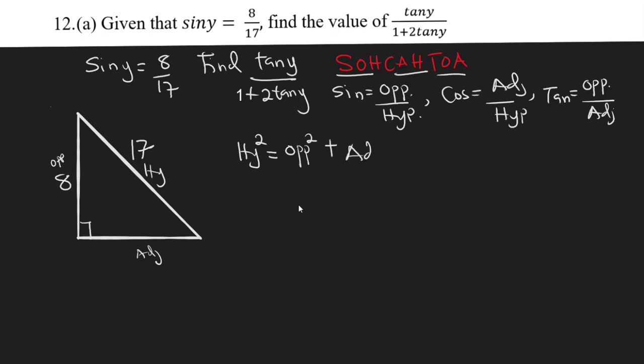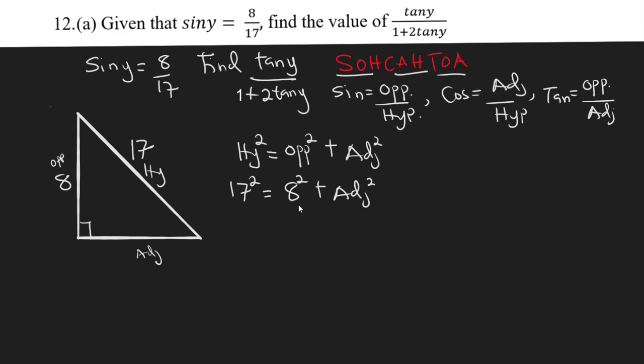Our hypotenuse is 17, so 17 squared is equal to 8 squared plus adjacent squared, which we don't know yet.